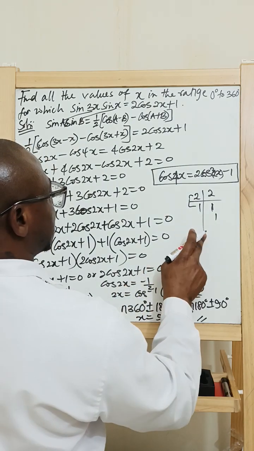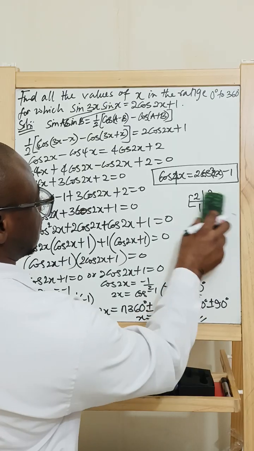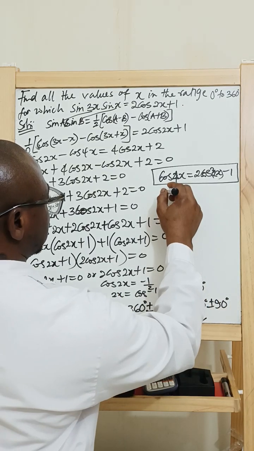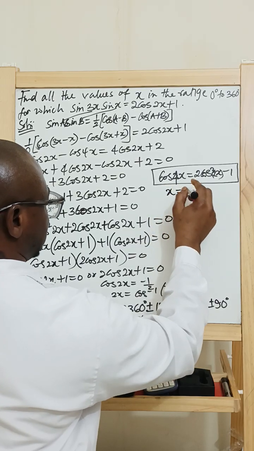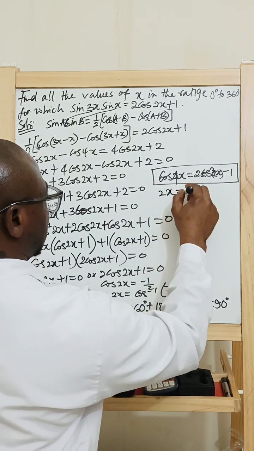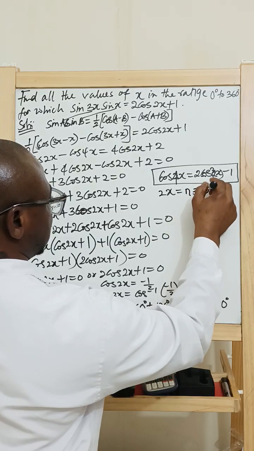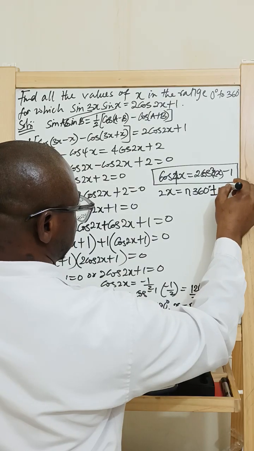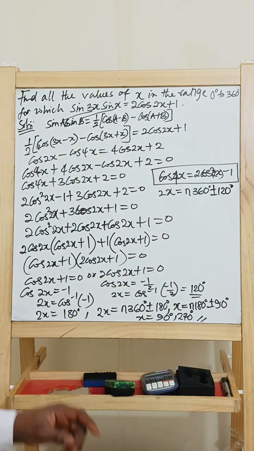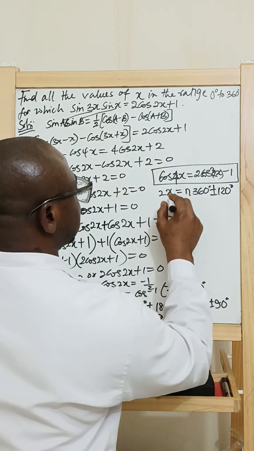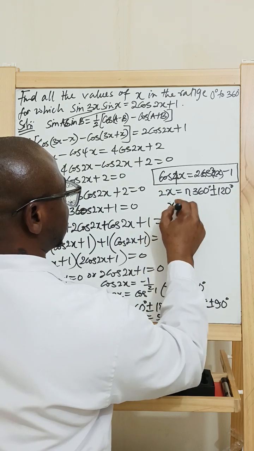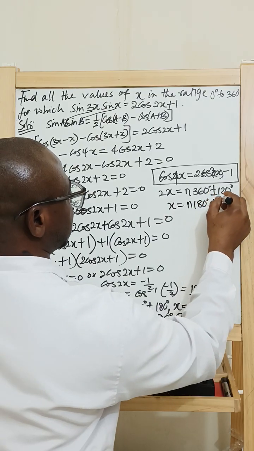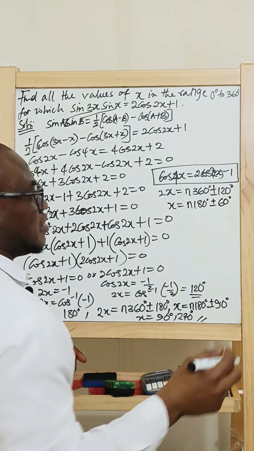So that means 2x is going to be n360 using the general formula now, plus or minus 120 degree, right? Okay, so this is now going to be, when you divide everything by 2, x will now be n 180 plus or minus 60 degree, right?